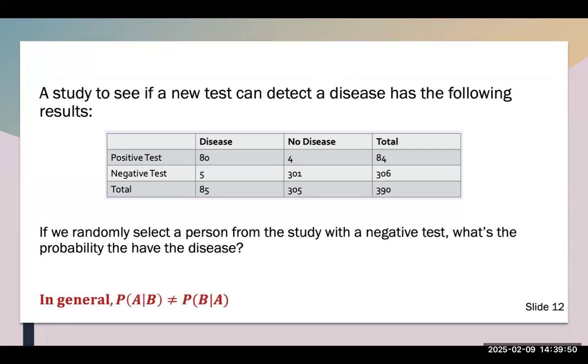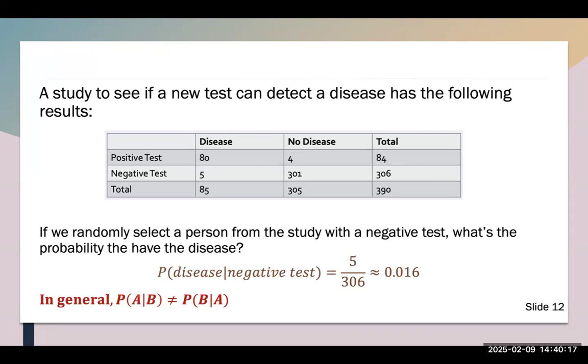If we switch those two, if we randomly select a person from the study with a negative test, what's the probability they have the disease? So we're assuming negative test, and that means 306 people had a negative test. So we will take the intersection, the people who have the negative test and the disease, that will be 5 out of 306.